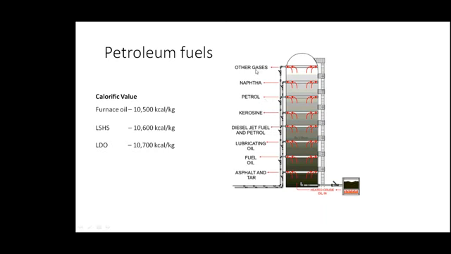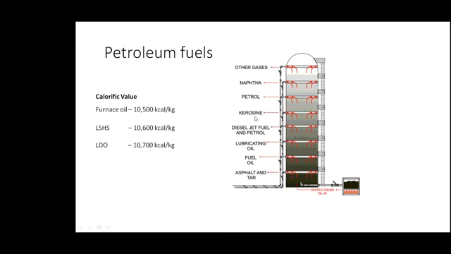The topmost is LPG, liquefied petroleum gas, then naphtha, the fuel used in fertilizer production, petrol, kerosene, diesel, lubricating oil. So there are several fuels available. The bottommost are basically the slightly inferior fuels, but still having almost equal calorific value as any of the better fuels at the top.